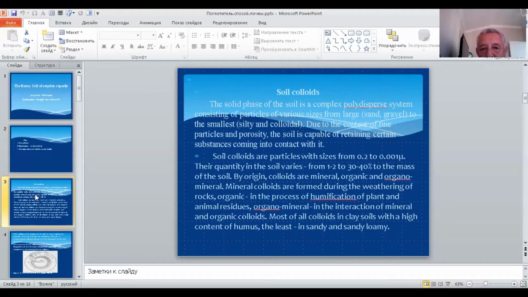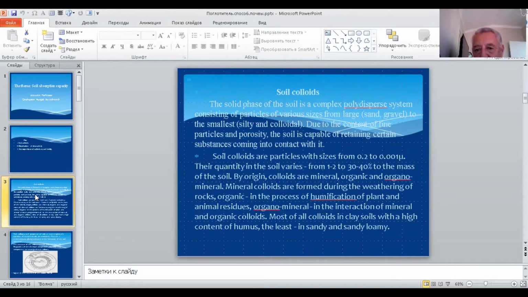Soil colloids. The solid phase of the soil is a complex polydispersed system consisting of particles of various sizes, from large (sand, gravel) to the smallest (silt and colloid level).